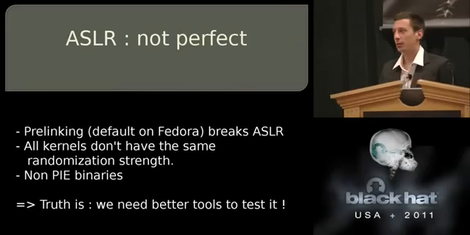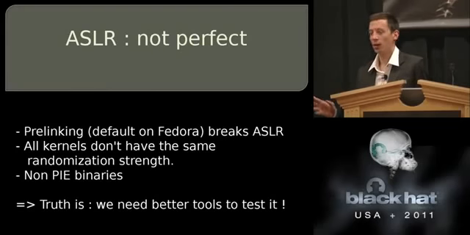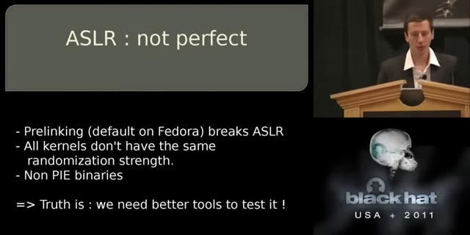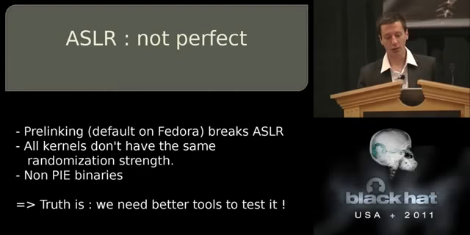Under a standard distribution, only very few applications are actually compiled as position-independent executables, which would be network daemons and possibly web browsers. In particular, setuid binaries under Ubuntu at least are never compiled as position-independent executables.